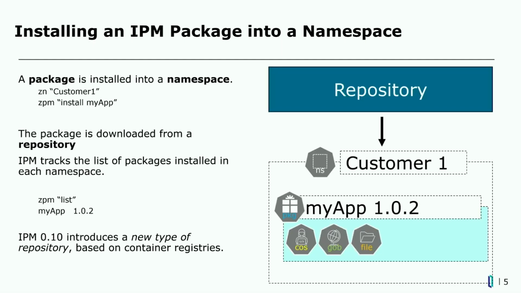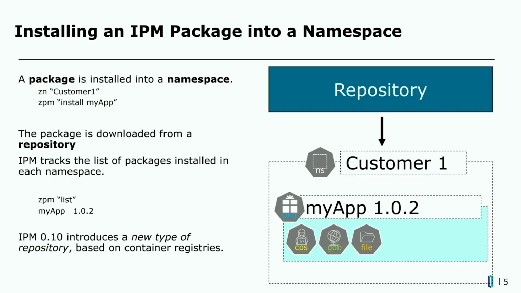When you take an IPM package from a registry, we're going to talk about the word registry in just a second, you install it into a namespace on an Iris server. So here I've got just kind of an example of, hey, I've got my app and I'm installing it into some customer one namespace, right? When you download it from a registry, we've added a whole new set of types of registries.